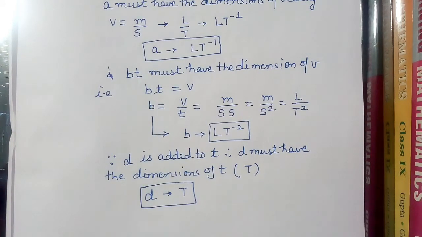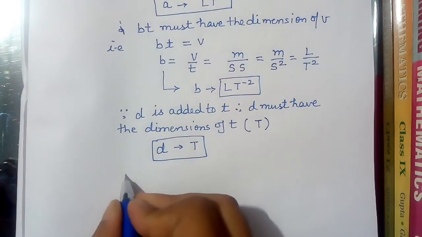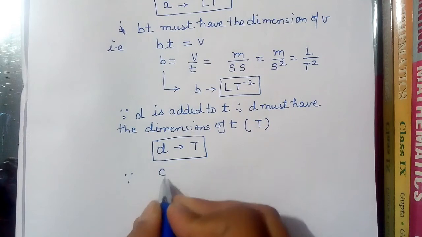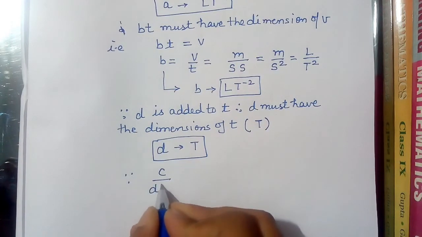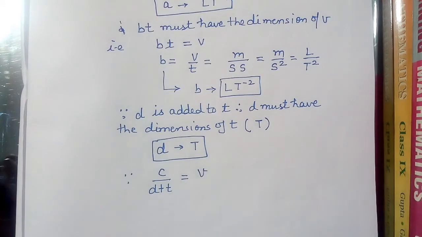Now we have one more term here, and that is C. If we consider the equation as we have discussed, since C upon D plus T, this whole thing represents velocity.